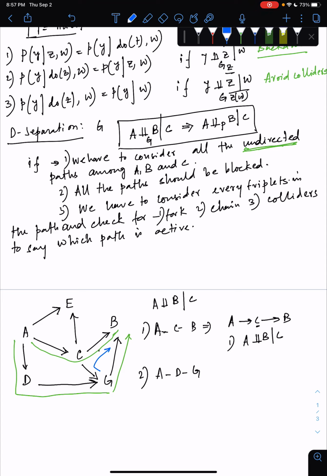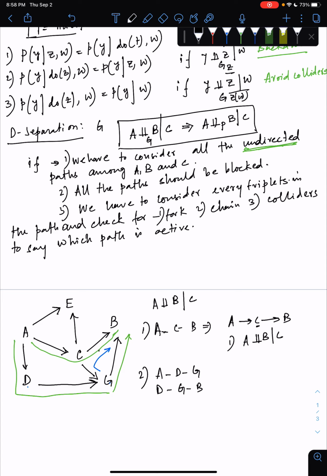Information is coming from A to G because we are not conditioning on D. Now we'll see D, G and B, and here also we are not conditioning on G, so information will be flowing from D, G, B.